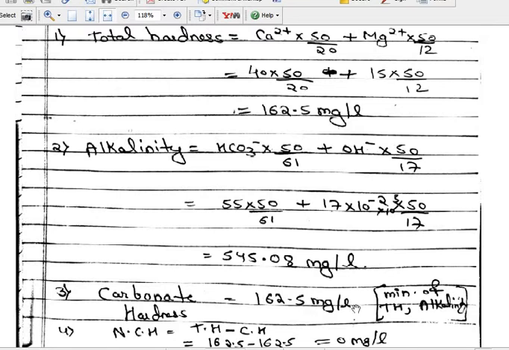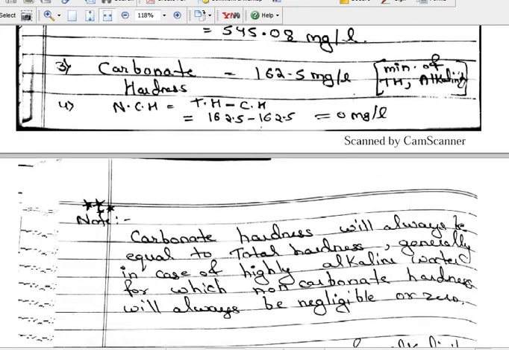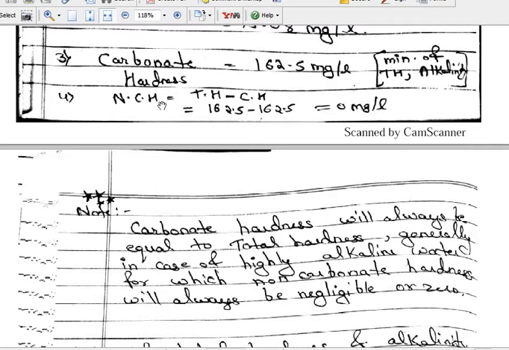So this is your carbonate hardness, 162.5 mg per liter. Once you have got the carbonate hardness, non-carbonate hardness will be the difference between the total hardness and carbonate hardness. Total hardness is this and carbonate hardness is also the same. So non-carbonate hardness is 0. This is a special case, here non-carbonate hardness becomes 0.